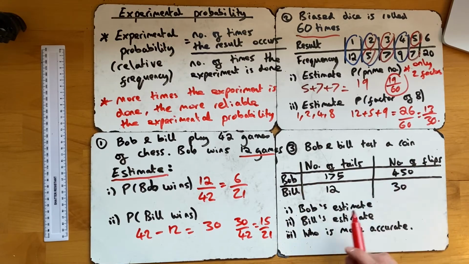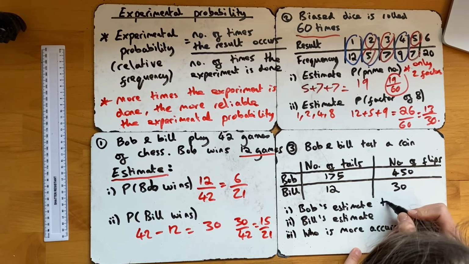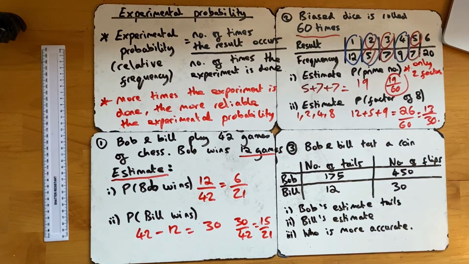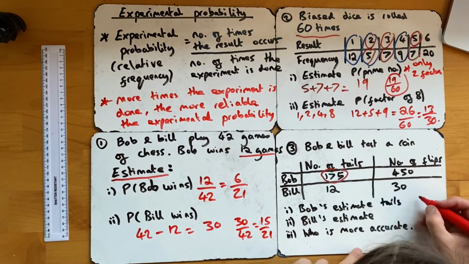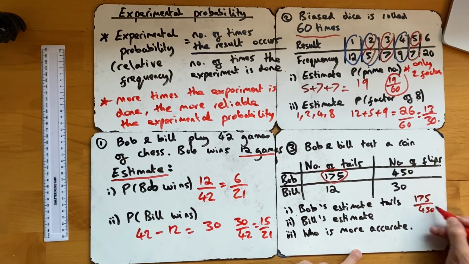This is Bob's results here. The question will say, what's Bob's estimate for tails, for example? Well, the number of tails he got was 175, and it's out of how many times he did it? 450.